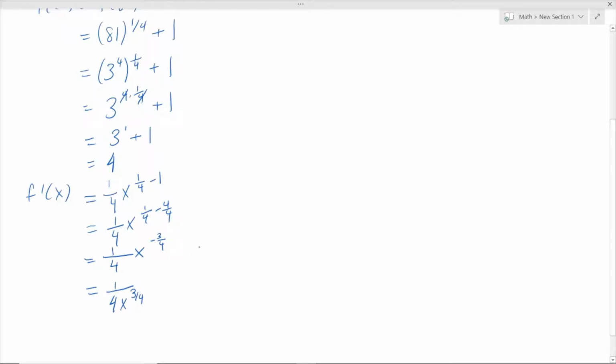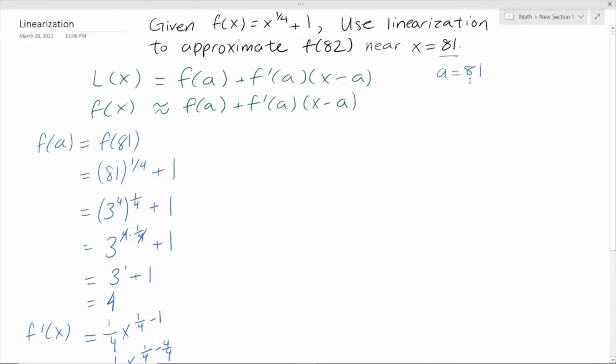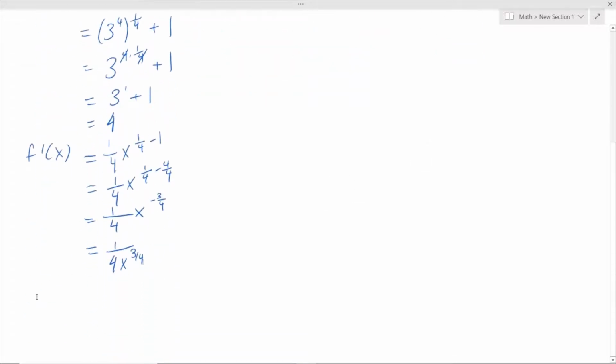Now we have to find f prime of a. So f prime of a, remember a is equal to 81. So we are going to find f prime of 81. f prime of 81 is going to be equal to us plugging in this 81 into the x for this derivative.